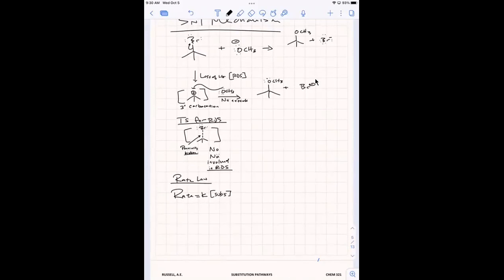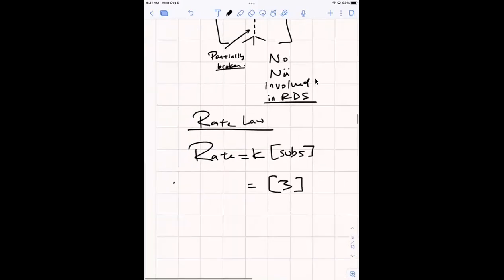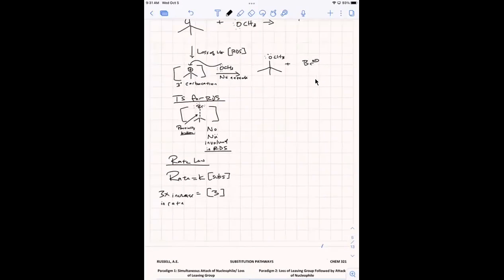Nothing. Exactly, because the nucleophile does not affect the rate. If I triple the concentration of the substrate, then we should see a 3 times increase in the rate. But if I do anything to the nucleophile, it doesn't change the rate at all, right?